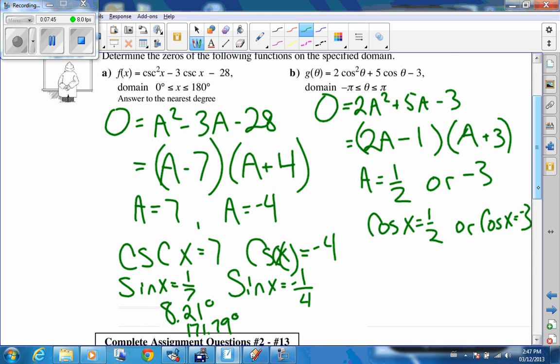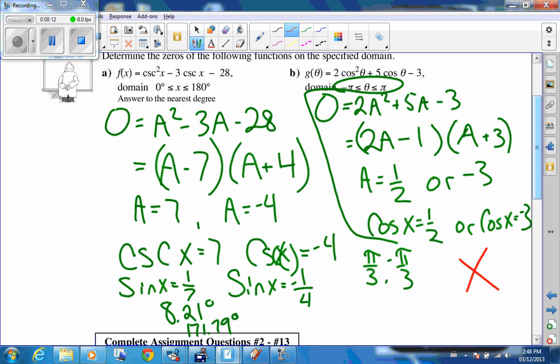Now, this thing is going to happen at, what is that going to be? Pi thirds and negative pi thirds. I would also say 5 pi thirds, but they want it over this domain. So it'll be those two values. This thing never happens. Cosine x is never equal to anything greater than 1 or less than negative 1. So cos x is never equal to negative 3. So my only two solutions are those two. Check, check.